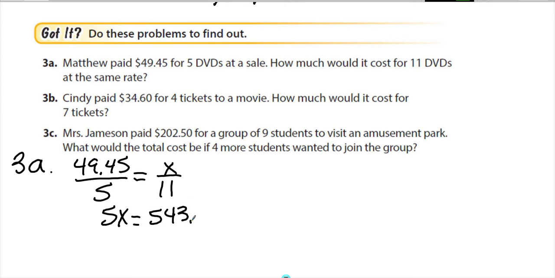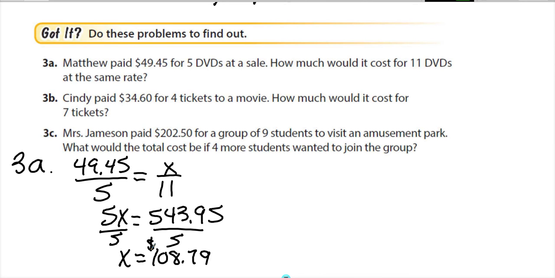And then we'll divide that by 5. And that's 108.79. Just add the dollar sign in. There we go.